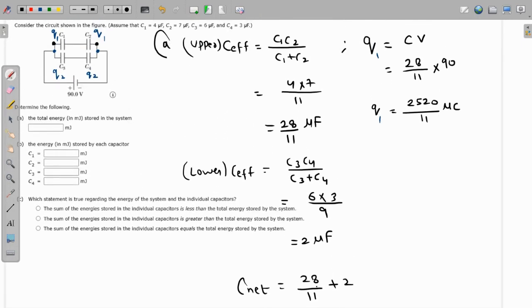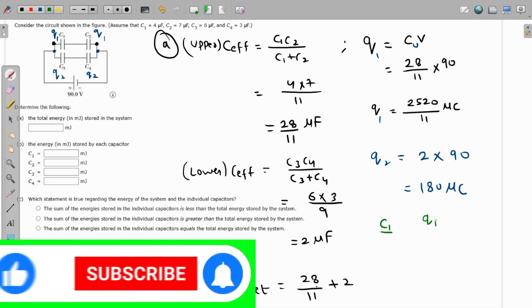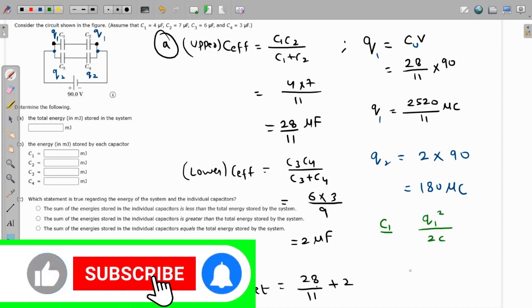For part B, we found Q1. Likewise, we can get Q2 as well, for the C effective on the downside, which is 2 times potential, again 90. So that will be 180 microcoulomb. Their individual energies, for C1 for example, is going to be Q1 square over 2C.